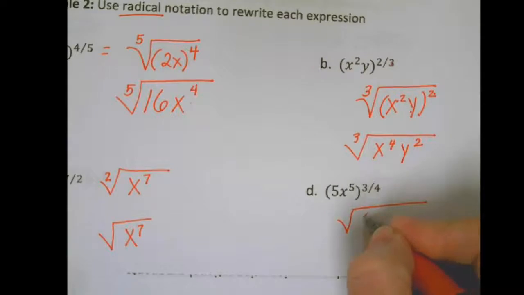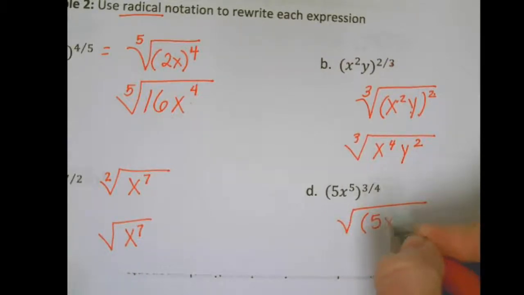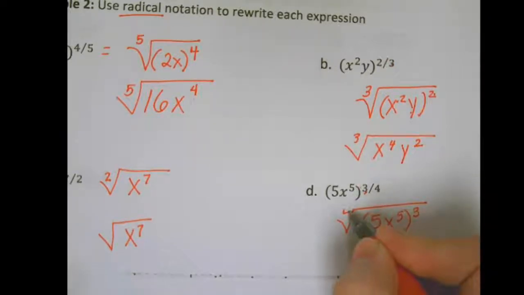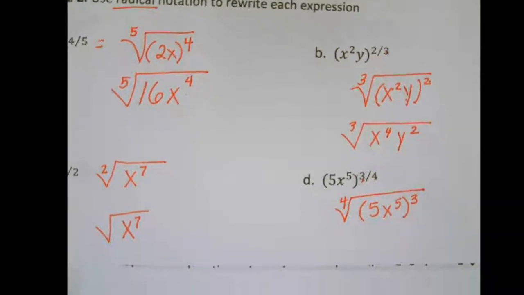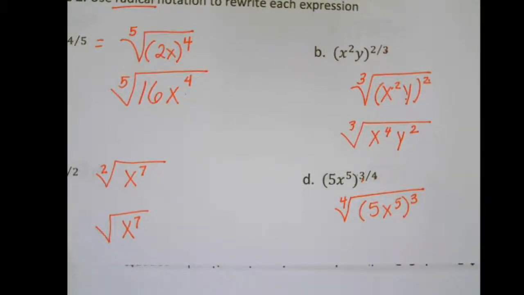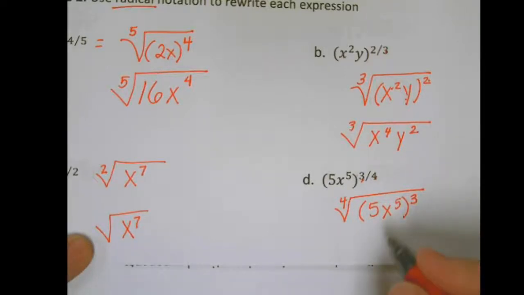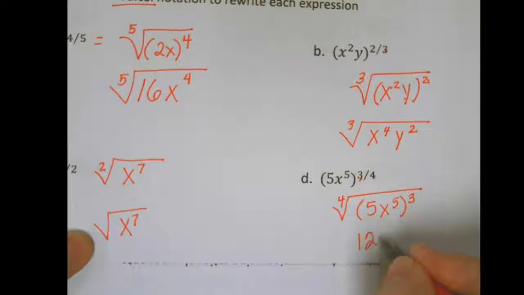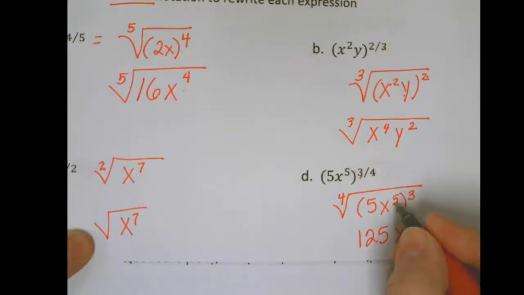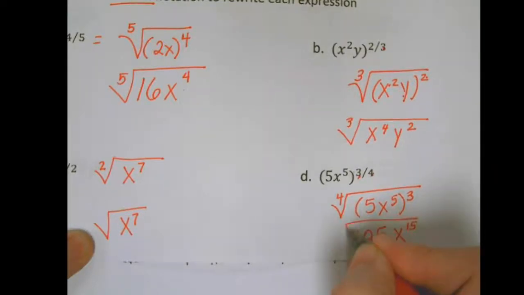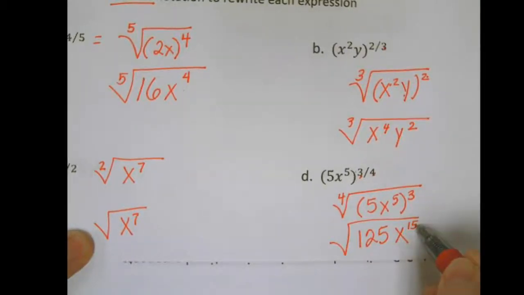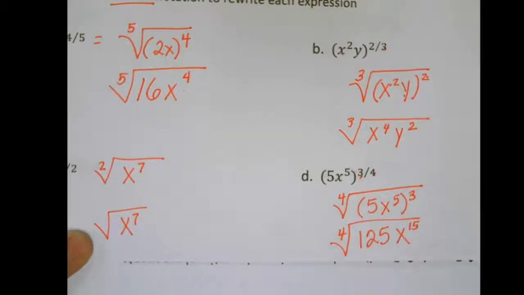This is going to be 5x to the 5th power, raise that to the 3rd power, and then 4 becomes the index. You could go ahead and multiply that out. 5 raised to the 3rd power, 5 times 5 times 5 is 125. x to the 5th raised to the 3rd would make a power of 15, and the index would be 4.